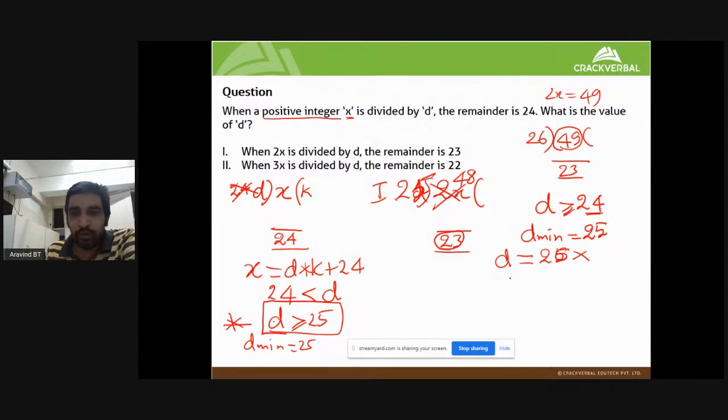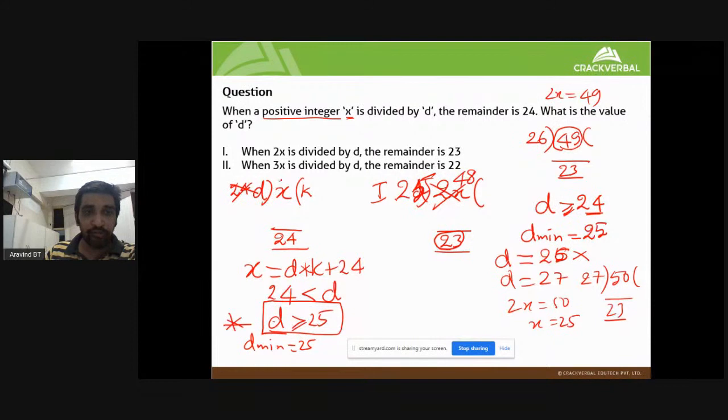So one of you may say, okay, D equal to 27. Why not 27? Let's test it. 27 giving a remainder of 23 gives me a number of 50. So if 2x is 50, x is 25. But if I put 25 here, will I get a remainder of 24 when I divide by 27?